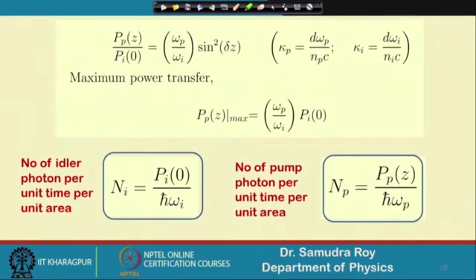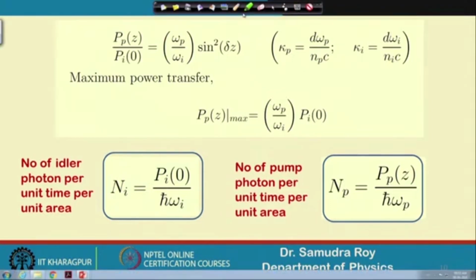So, once we have the ratio of P p z and P I at 0 point, then this ratio can further be modified. Let us write what we had.